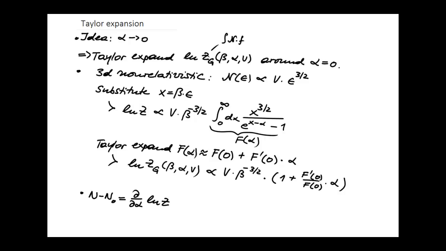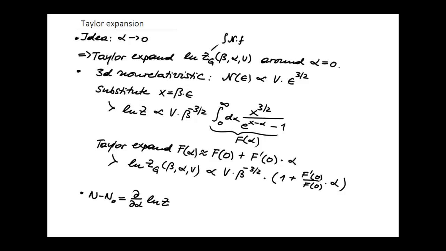It's proportional to volume beta to the power minus 3/2, and then this bracket, when you take the derivative with respect to alpha, then obviously the one in the bracket gives a 0 when you take the derivative, and only the term proportional to alpha will survive.